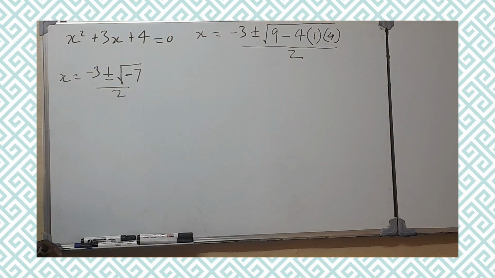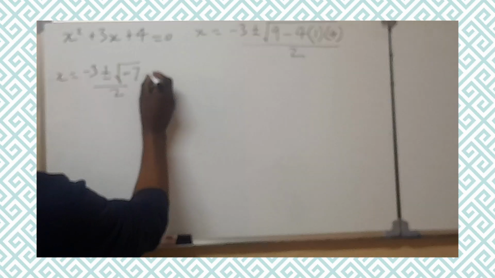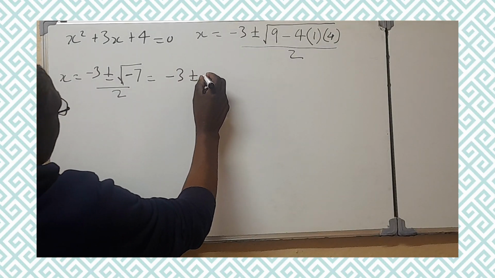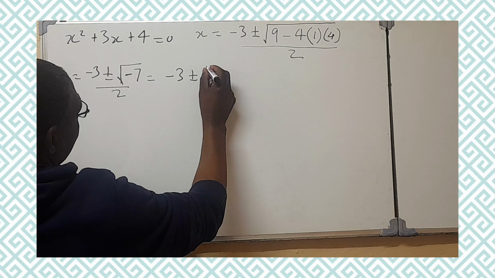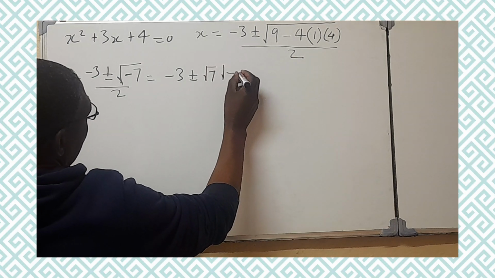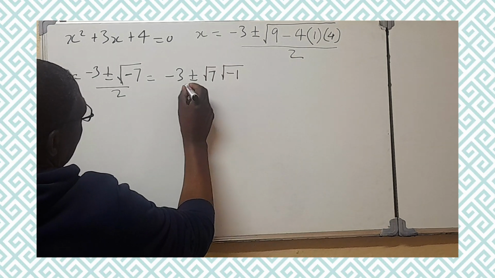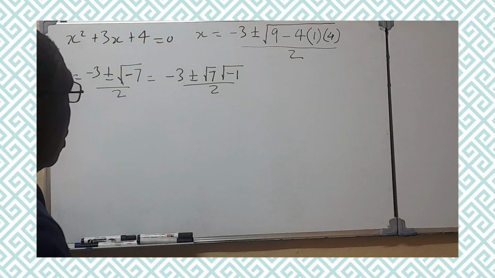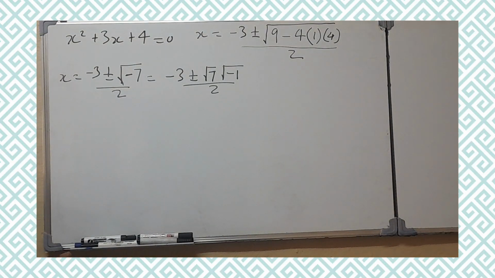We saw also that we can write this as minus 3 plus or minus the square root of 7 multiplied by the square root of minus 1, all divided by 2. But we discovered that the square root of minus 1 is not a real number.